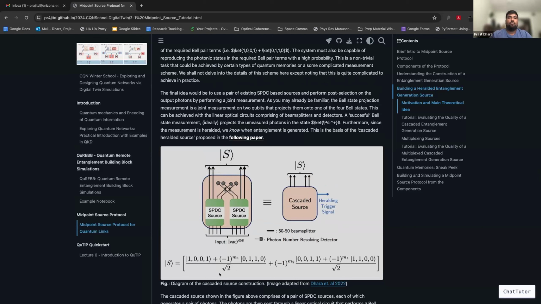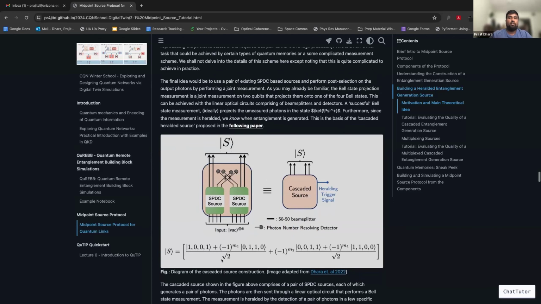And S is a superposition of having a Bell pair and another entangled state, which is not a Bell pair but still entangled. It's the superposition of no photons going to Alice and two photons going to Bob, and two photons going to Alice and no photons going to Bob. This is unfortunately, again, not in my dual rail basis. So this part of the state is not usable.